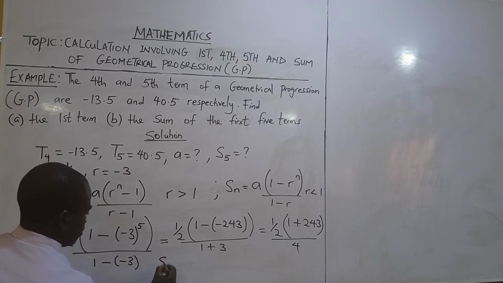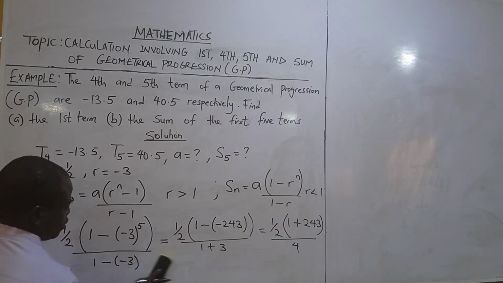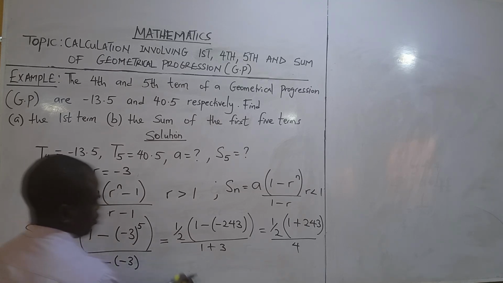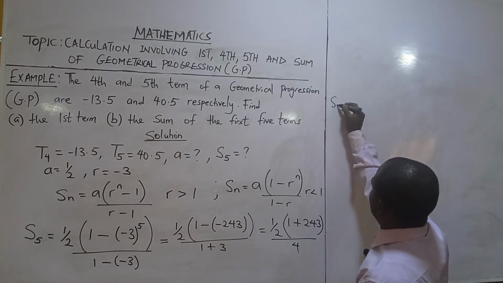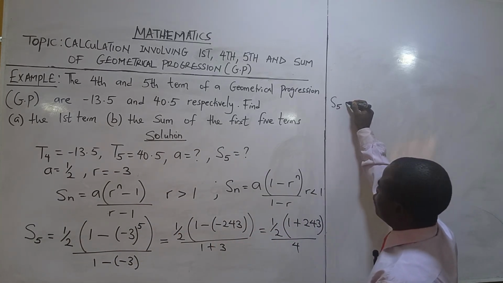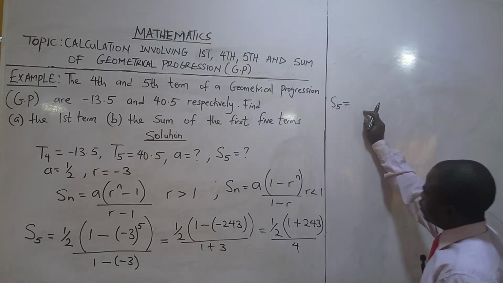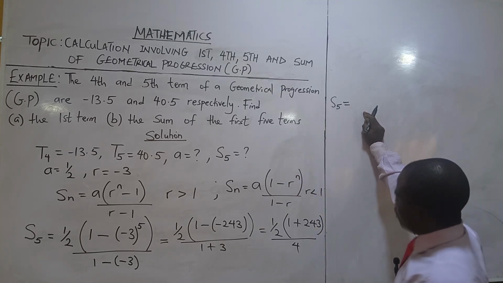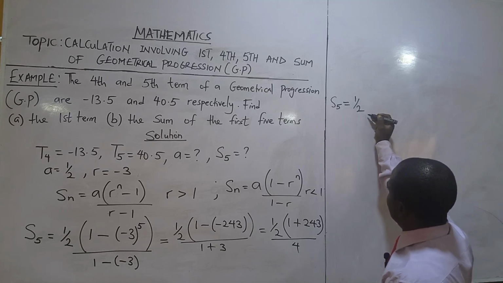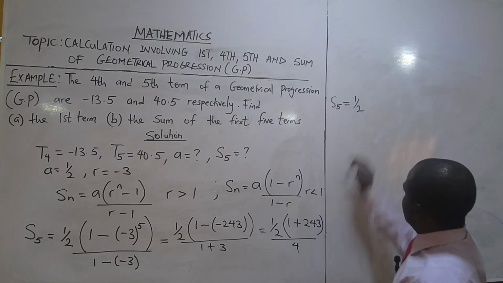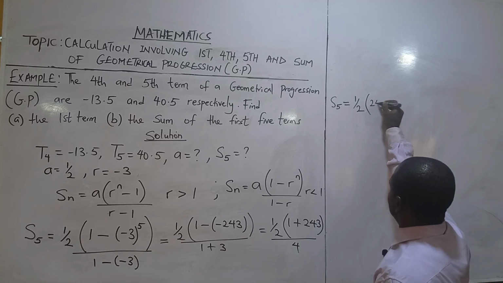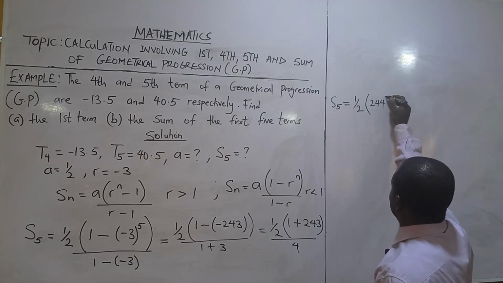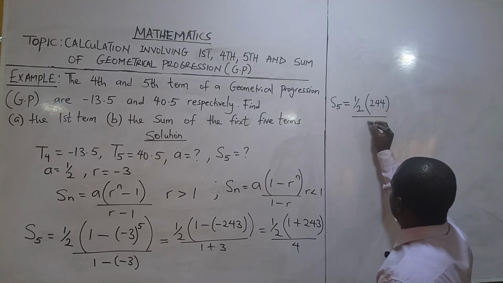The sum of the first 5 terms is half into 1 plus 243, that's 244, over 4.